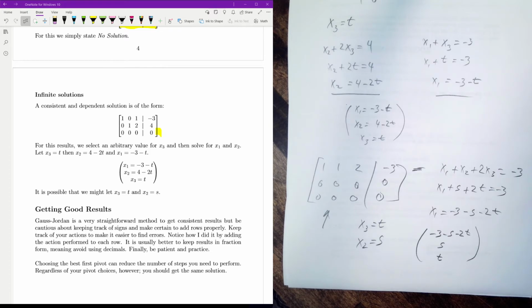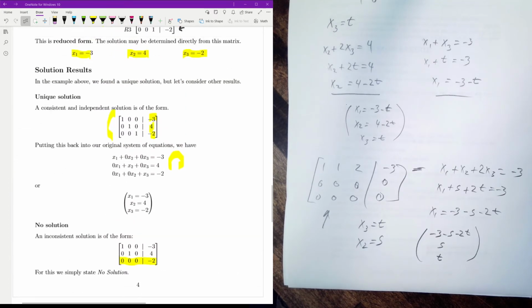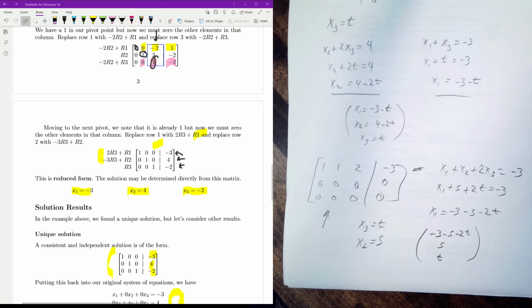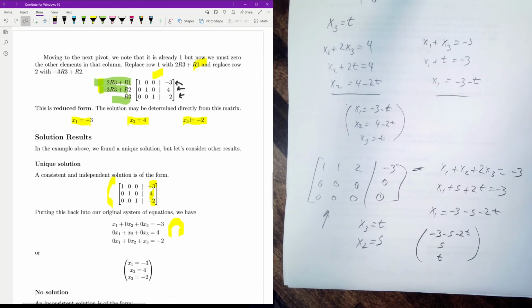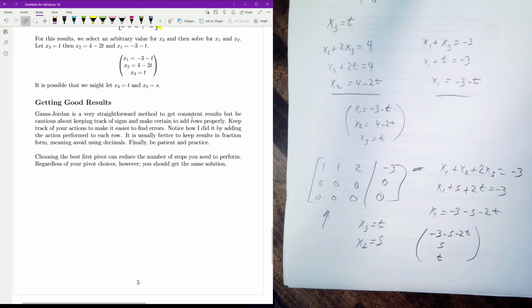And as I noted above, it's a very good idea to use this method of noting what operations you're doing. Get your own method of doing it. Be very consistent about it. Do it regularly. Don't lose track of signs, and keep things in fraction form. Don't convert to decimal form. Keep them in fraction form. It's a whole lot easier.